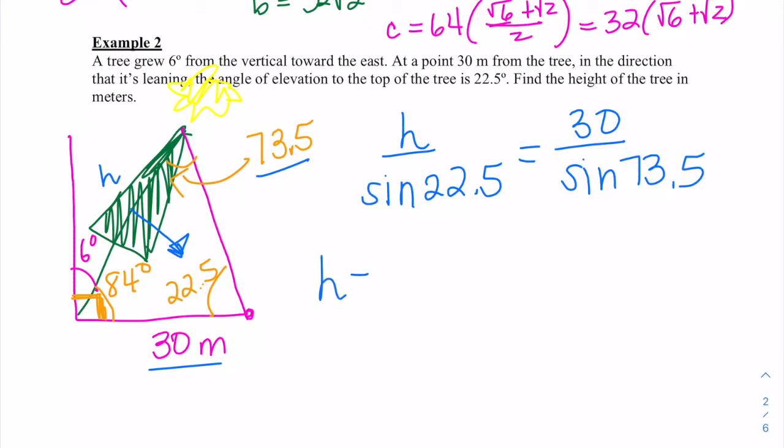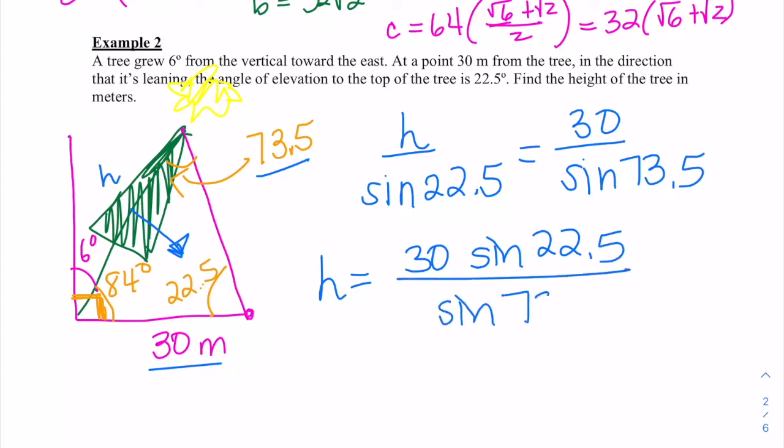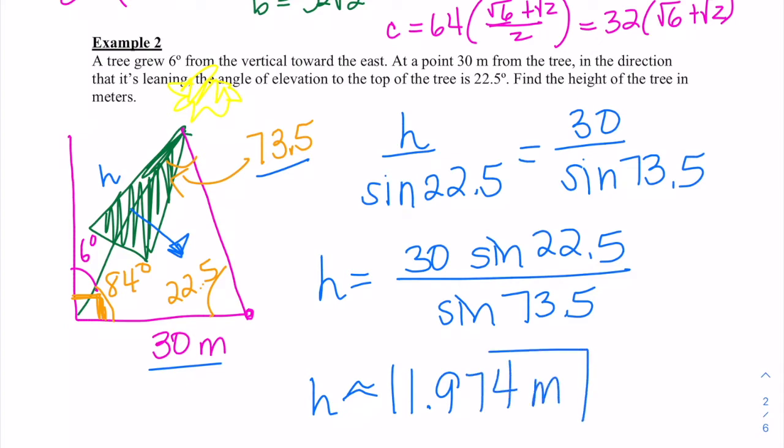And then we just have to solve for H. So that means we just multiply both sides by sine of 22.5 and divide by sine of 73.5. And we could put that in our calculator. And that'd be approximately 11.974 meters.